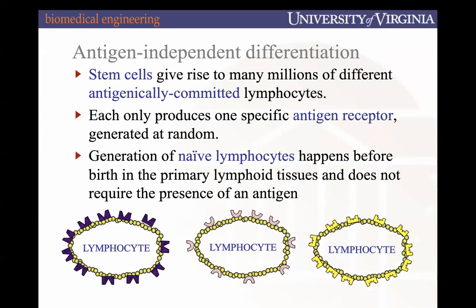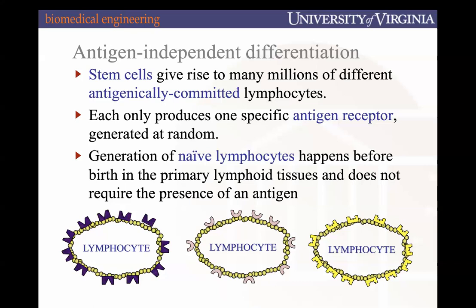These progenitor cells, the less mature version of our cells, are going to give rise to antigenically committed lymphocytes, lymphocytes committed to respond to very specific epitopes on antigens. This is happening during development.